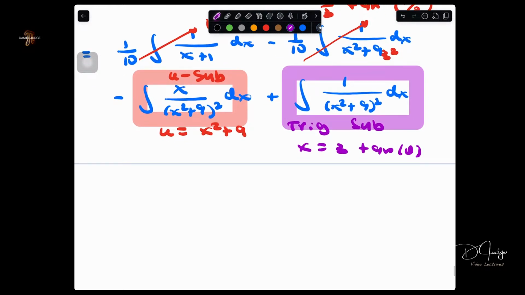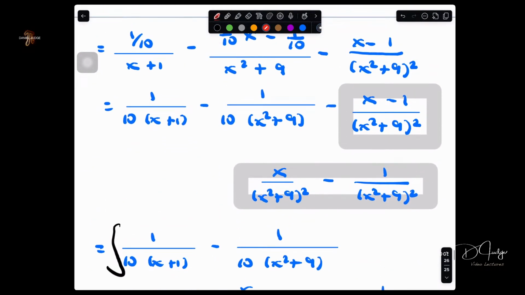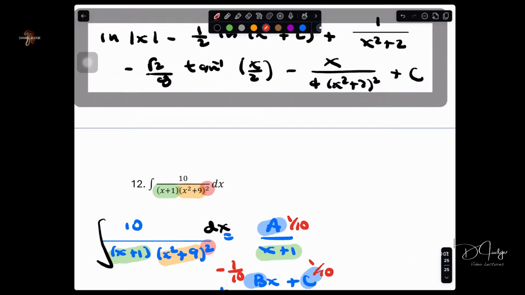All right, let's do the red integral again first. x over (x squared plus 9) squared dx. Let me just make sure everything is what it should be. Just going to go back over here.